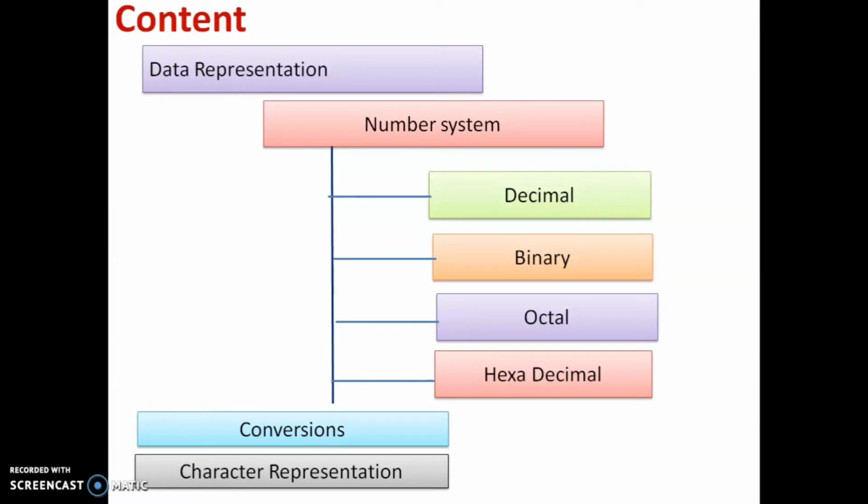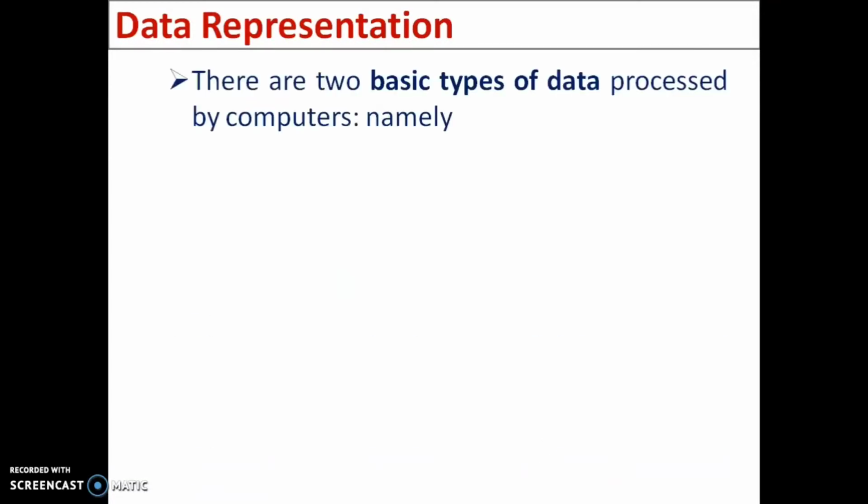These are the topics we are going to study: data representation and the number system. We have different number systems, that is the decimal number system, binary number system, octal and hexadecimal number system, and their conversions. We will also discuss character representation. There are two basic types of data processed by computers: characters and numbers.